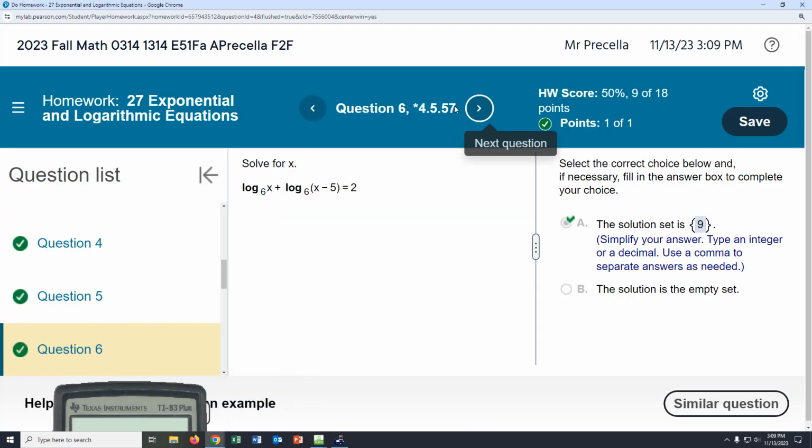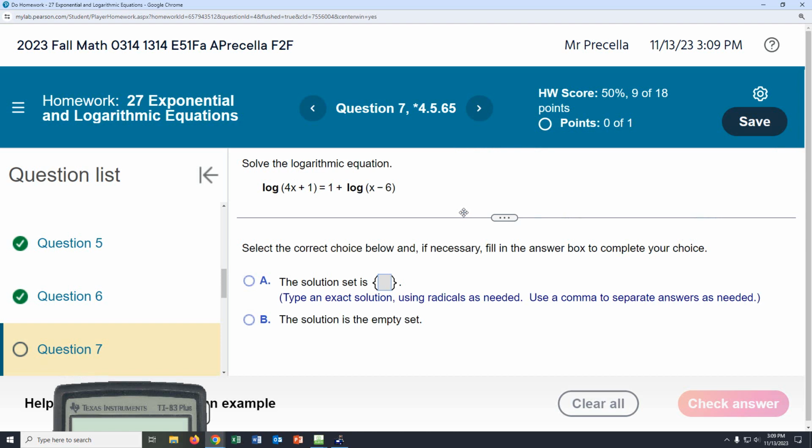Let's see if that's number 7. Oh, actually it is. You're right. Log 4x plus 1 equals 1 plus log x minus 6.